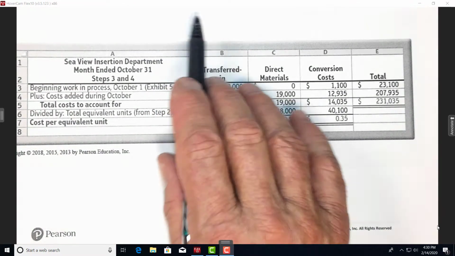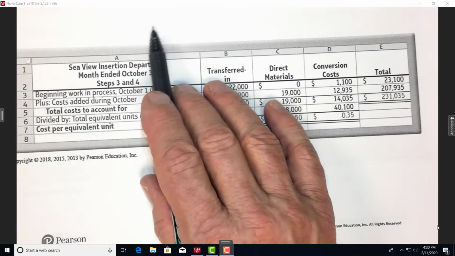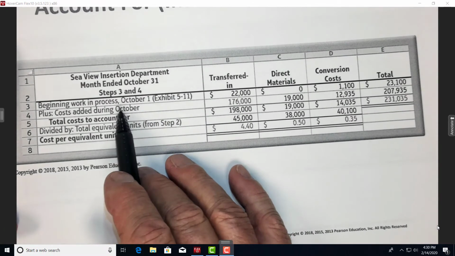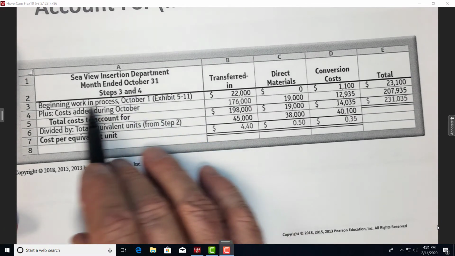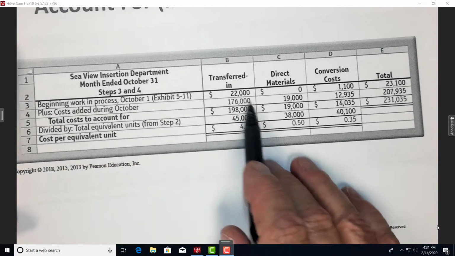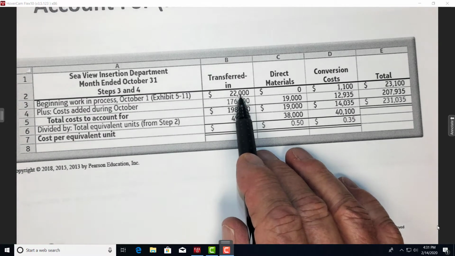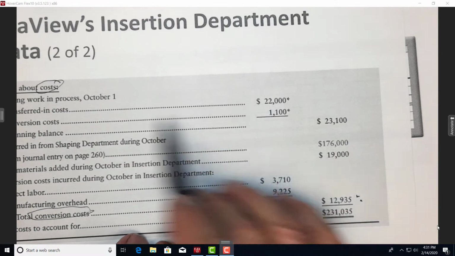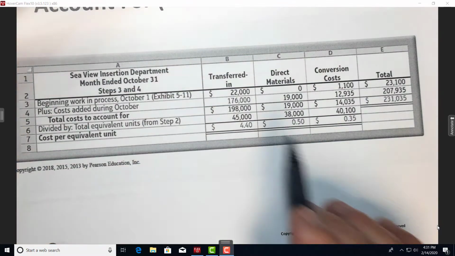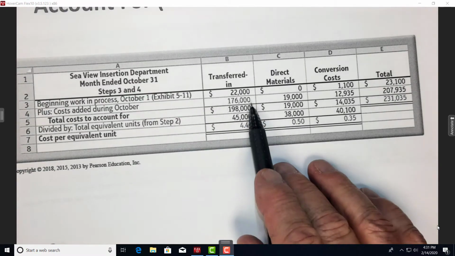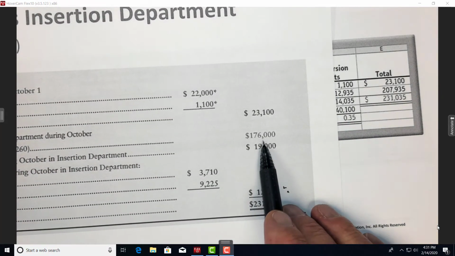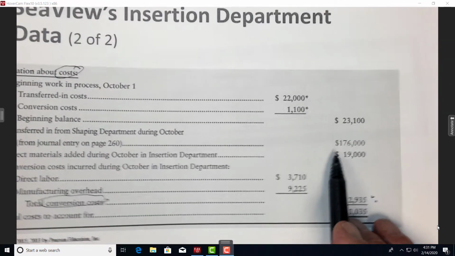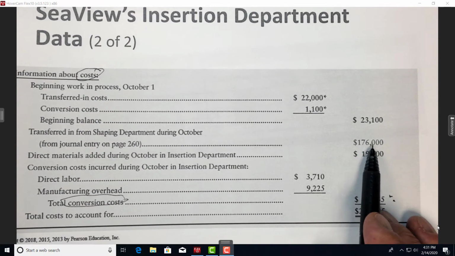And so summarize the total cost to account for. So we have to account for step 3 and 4. Beginning work in process, 22,000. This is what the problem gave you at the beginning. Cost added, 176,000. The problem gives you cost added of 176,000.